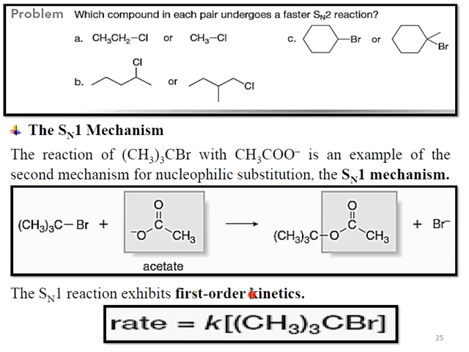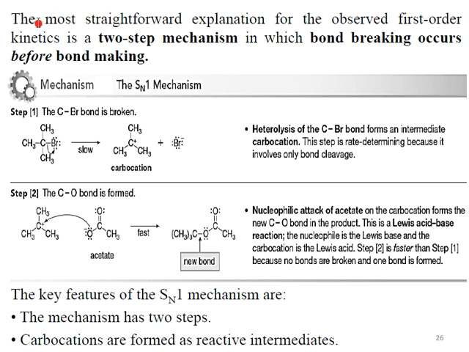That means the kinetics of the reaction depend just on the concentration of one component, and the most straightforward explanation for the observed first order kinetics is a two-step mechanism. The best explanation for the SN1 mechanism is a two-step mechanism.